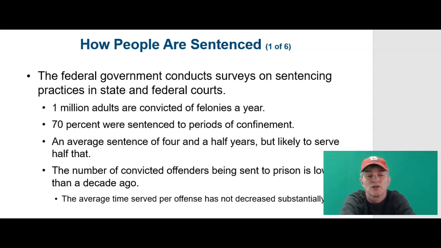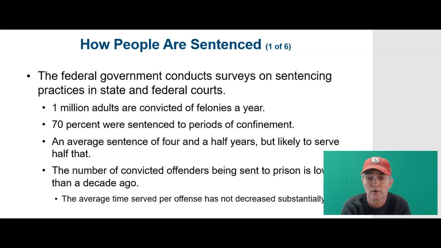Violent offenders are generally given prison sentences that average about 8 years, and property offenders typically get sentenced to about 4. And the number of convicted offenders being sent to prison is lower than a decade ago, ultimately due to the increasing popularity of cost-effective community sentencing.